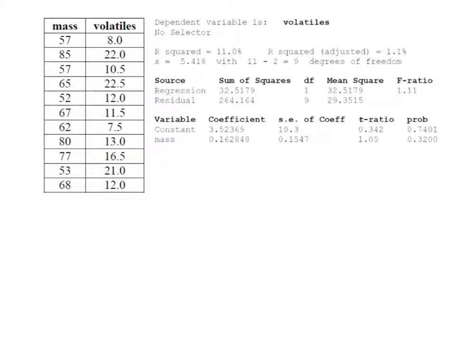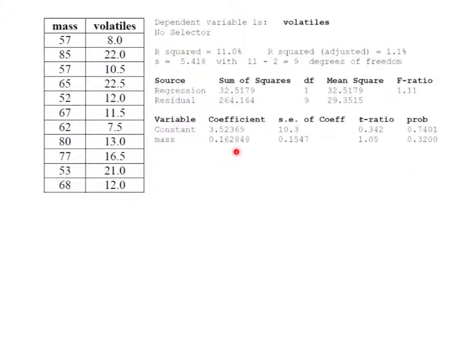So one thing I'd like to point out is if you put this data in your calculator and run regression on it, these two numbers down here should show up, because mass is your independent variable, and volatiles is the other variable. And we're trying to see whether or not you could generate the slope and the y-intercept off of this. And in fact, down here, these two numbers are your slope and your y-intercept.